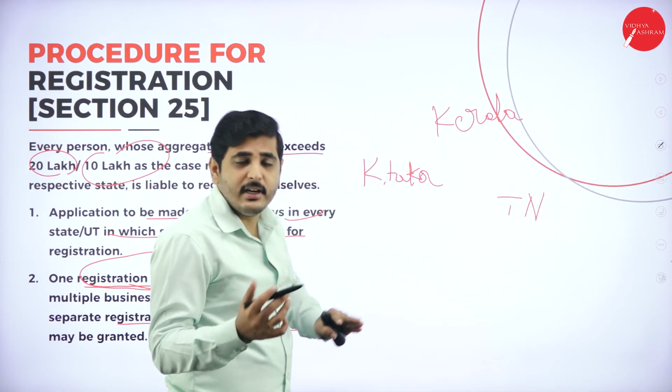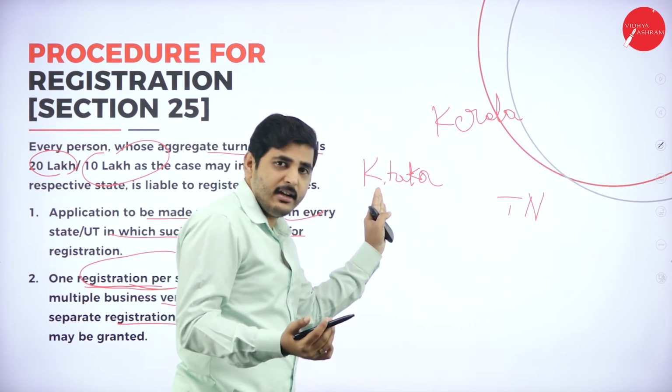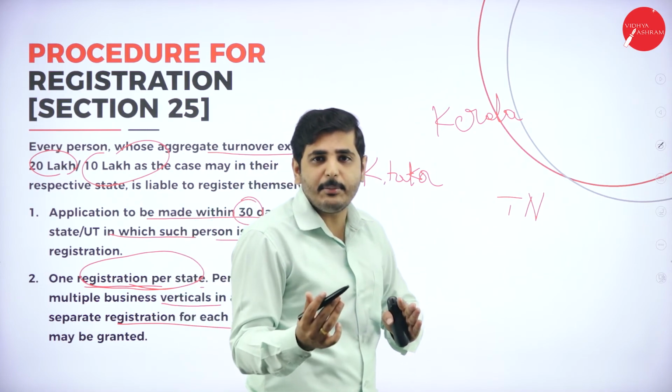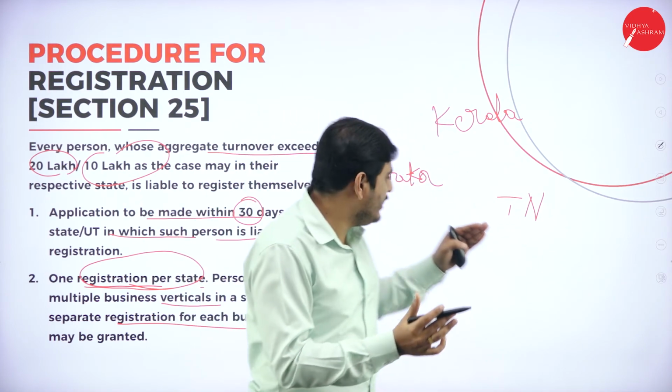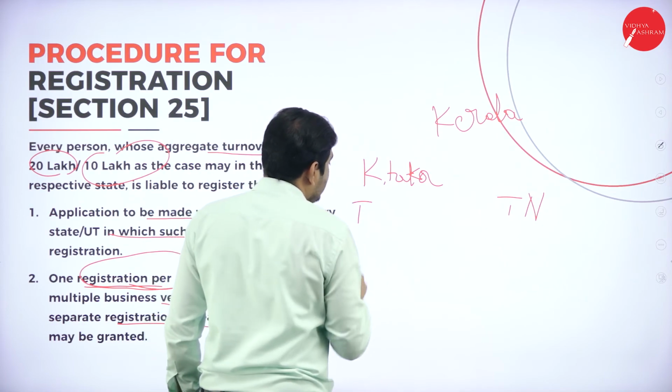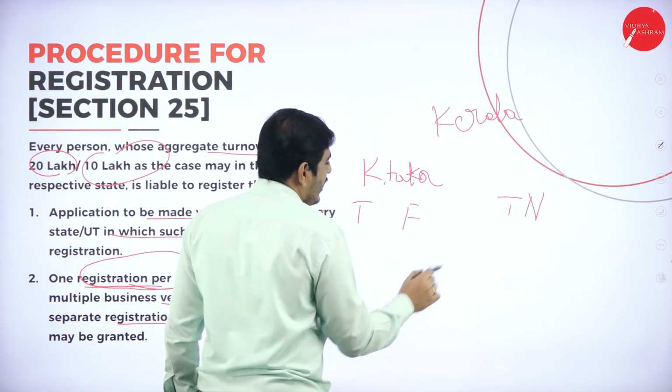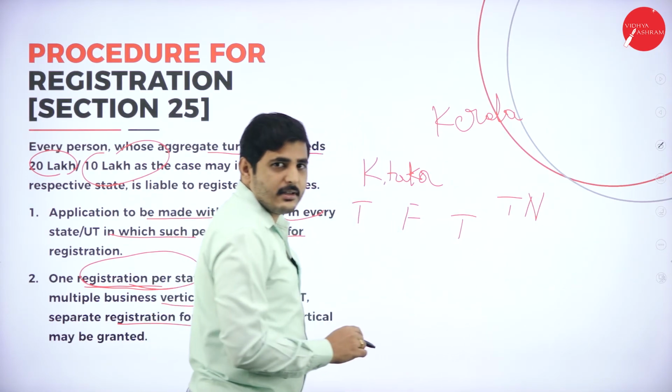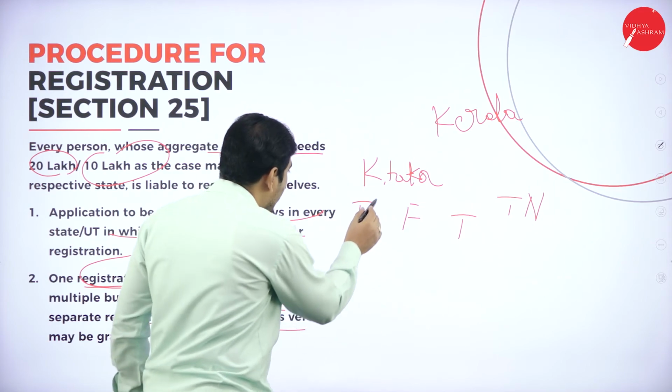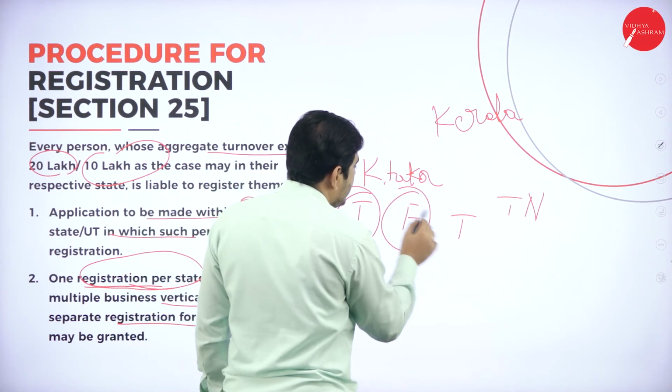Also, if I am doing different types of business in the same state, I should get registered for every different type of business. Even though in Karnataka only, if I am doing textile business, finance business or any other trading business, I should get separate registration for each business.